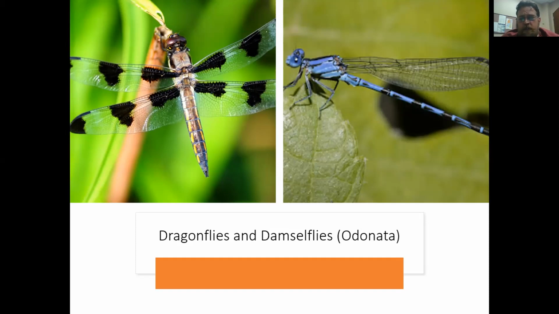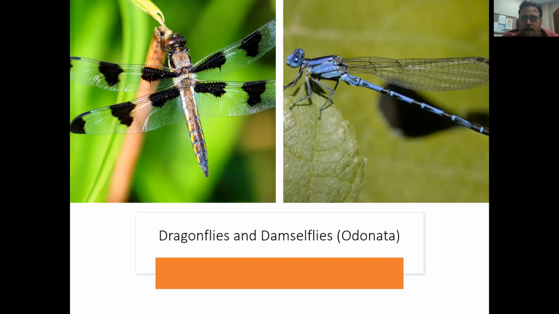You'll often see them patrolling up and down streams because the immatures, again, are aquatic, and the name for this group refers to their teeth.